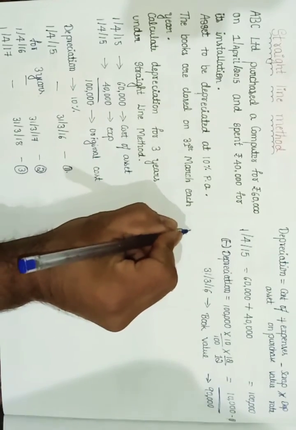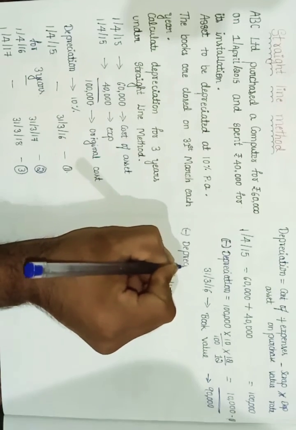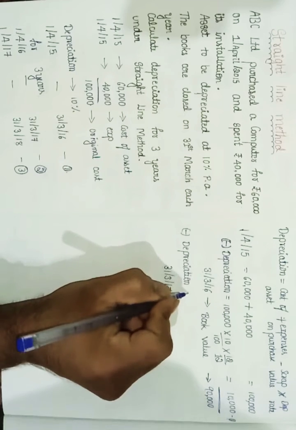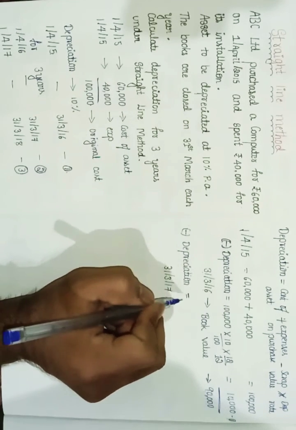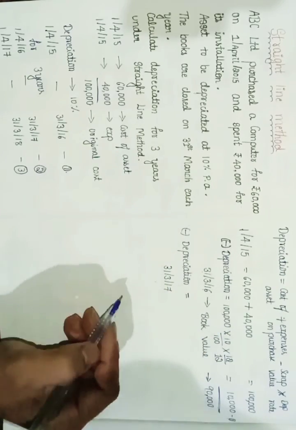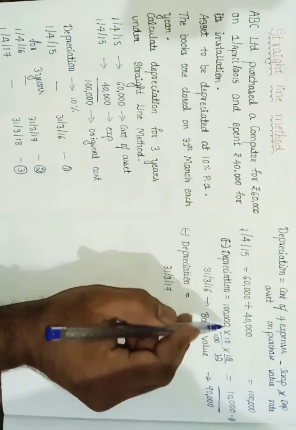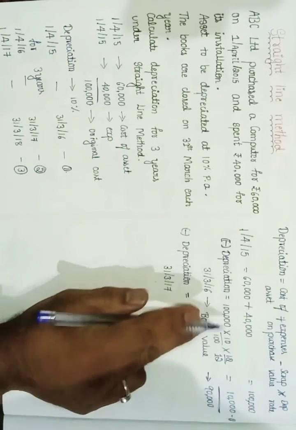That is called depreciation. And the difference between the straight line method and the diminishing balance method is this: in the straight line method, whether it is first year, second year, third year, whatever it is, we always take the original cost, meaning the cost of asset plus expenses, for calculating depreciation.